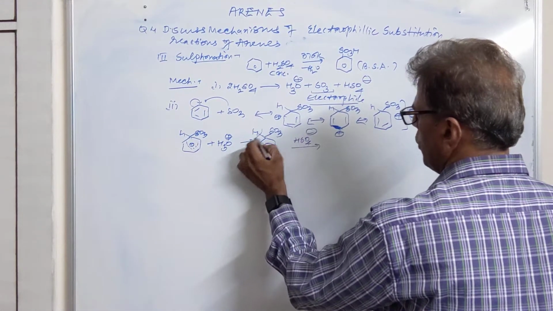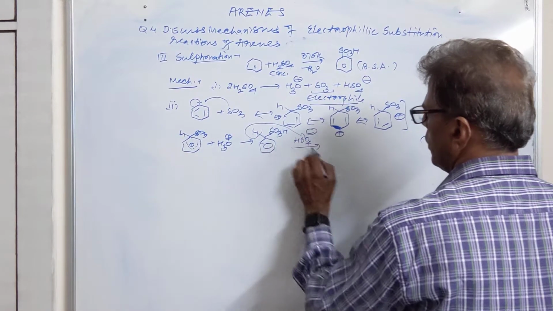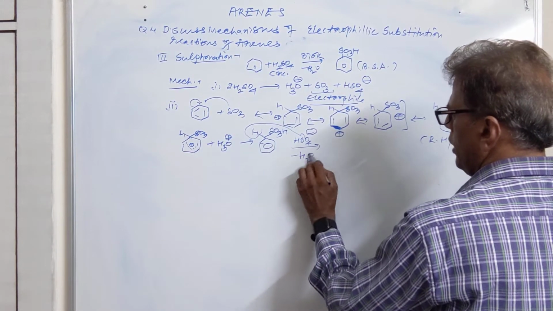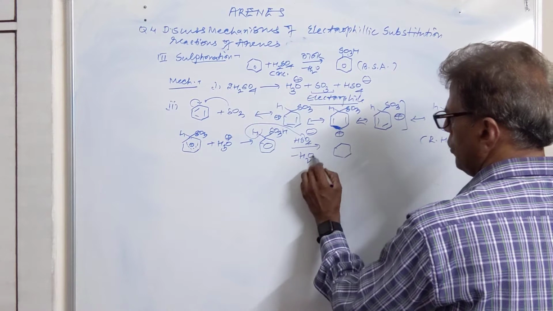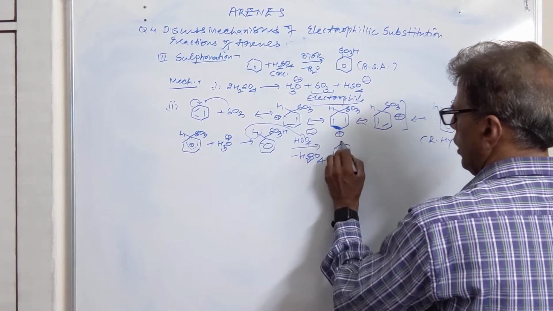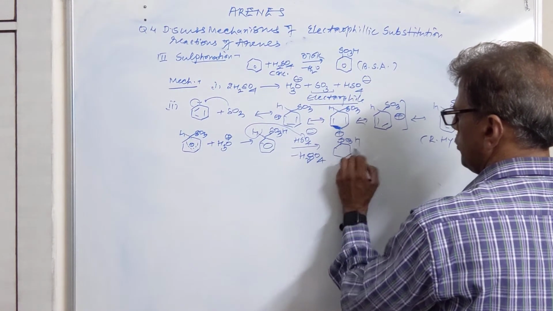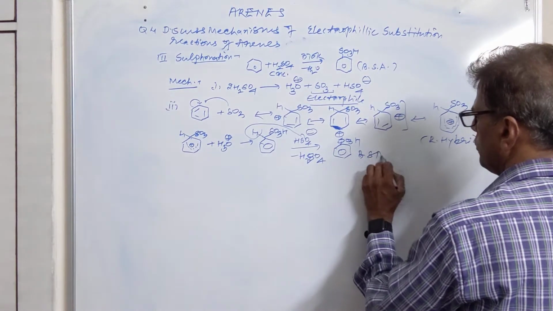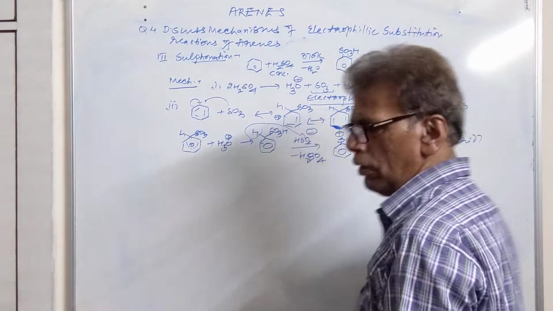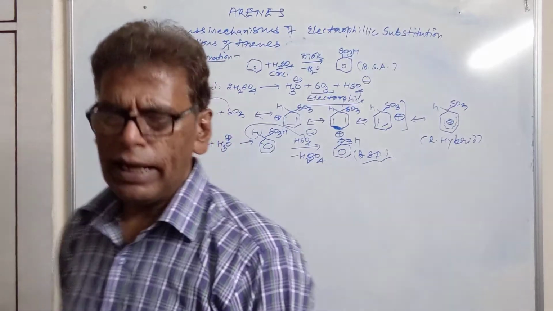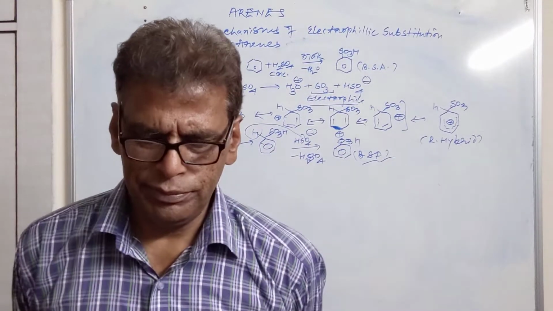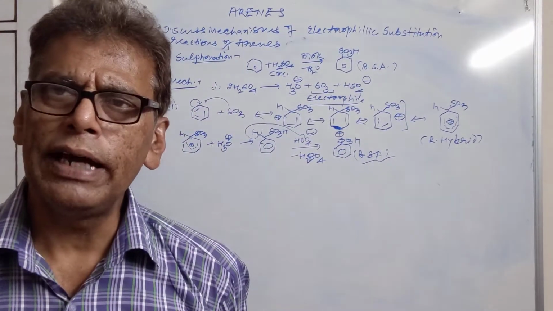It will pull this proton and will eliminate H2SO4, and ultimately we get benzene sulfonic acid. So this is the mechanism of the sulfonation reaction.